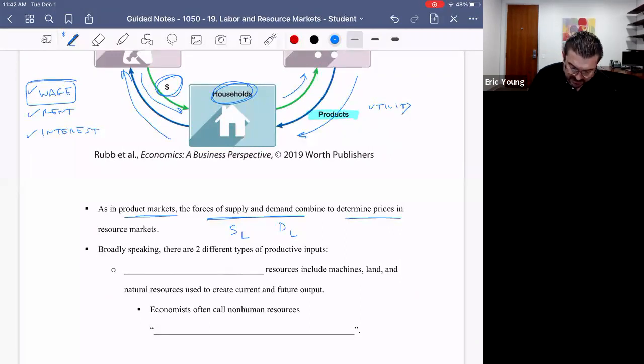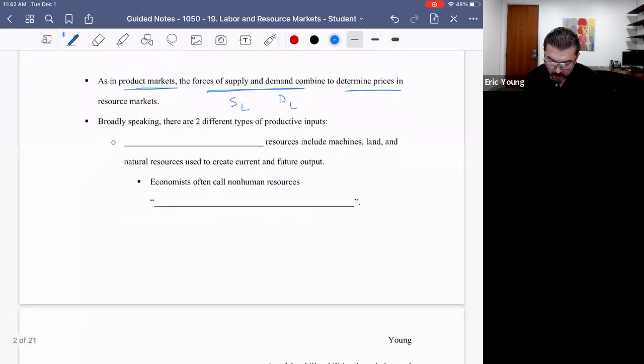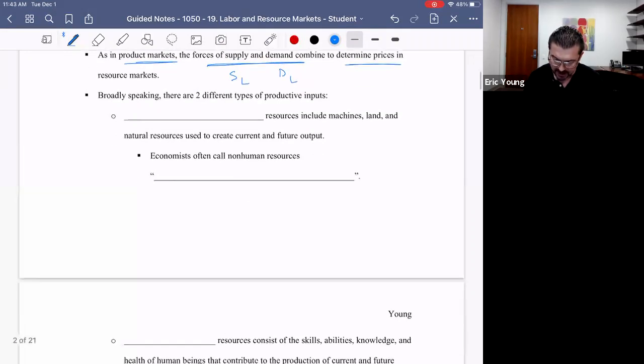Since a wage is technically just a price, the price of labor, we know that the supply of labor and the demand for labor, the labor market, that's how we're going to determine how people earn what they earn, or at least be able to make some really good predictions about who will make more and who will make less. Okay, it's all about the supply demand analysis. So no matter how confusing this seems, always go back to your first principles. Supply and demand come together and give us price, okay?